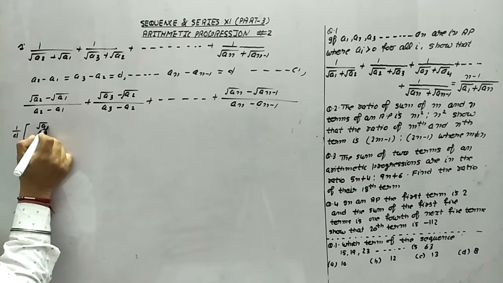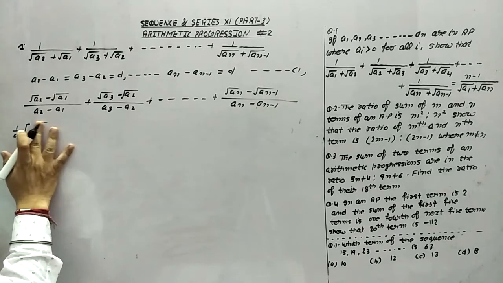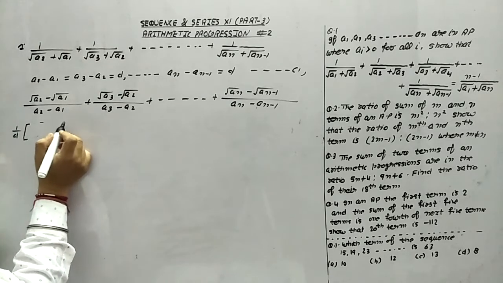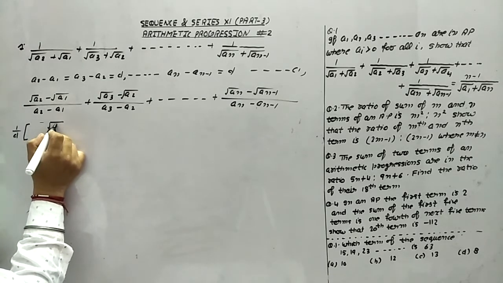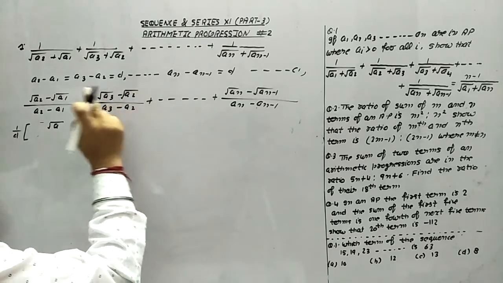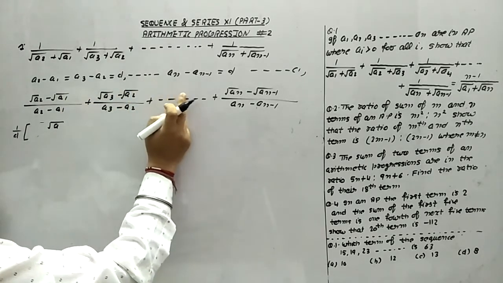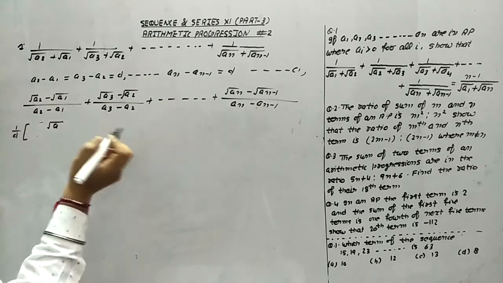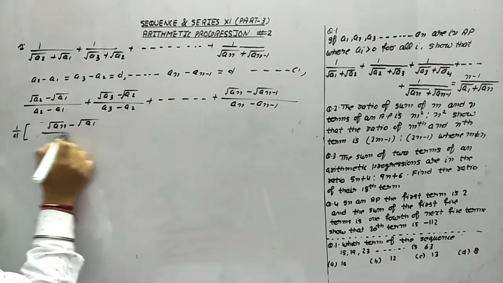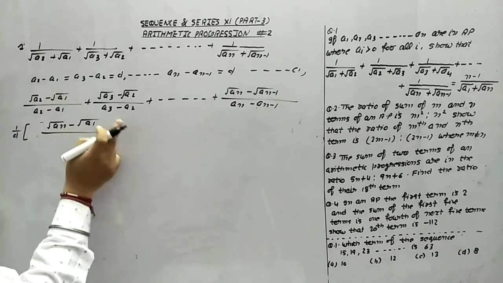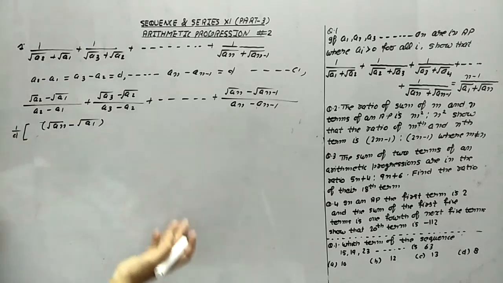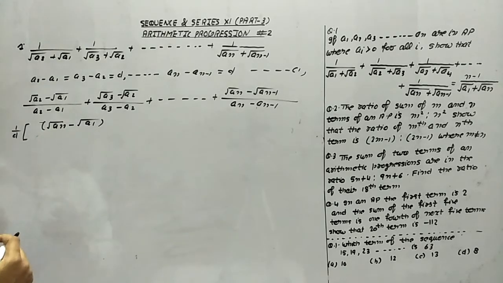This is root A2 minus root A1, and when we add these, what will be left? We will be left with root AN, because this term is cancelled out by this, and after that this term is cancelled out by this. So our left part is root AN minus root A1 upon D. This is already D only, so we will have only this much left, and the rest of all internal terms will be cancelled out.